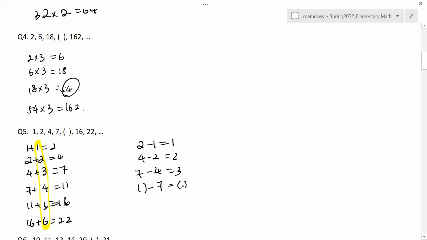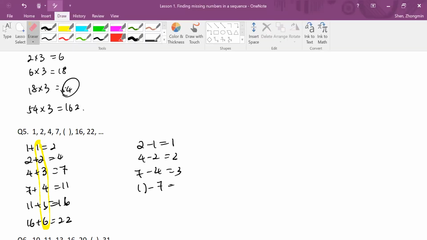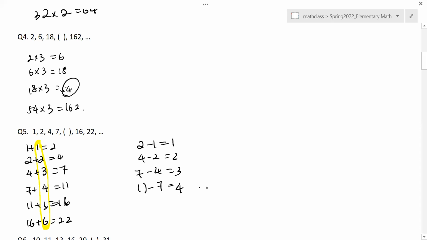So this is supposed to be 4, right? It's clear. Then you can figure out what that number is. This implies the number is going to be 7 plus 4, which is 11. That's another way you can understand.